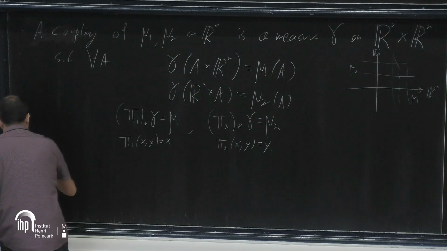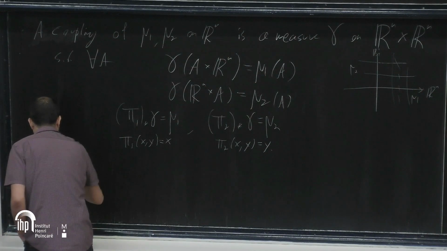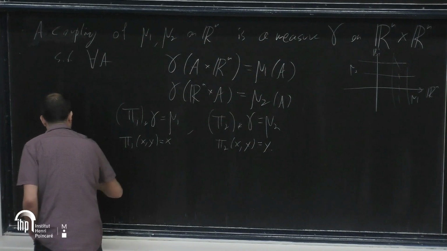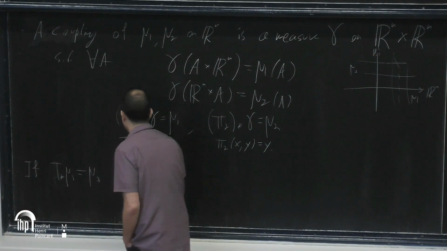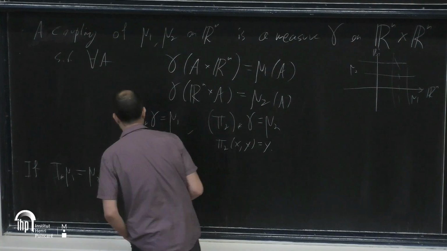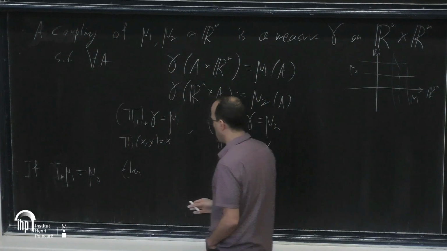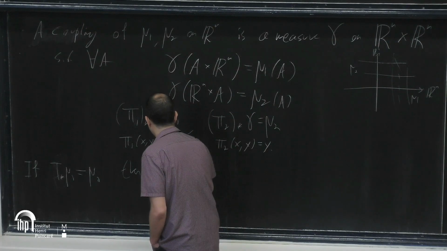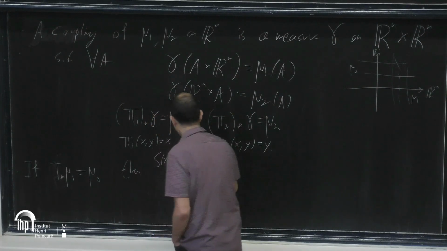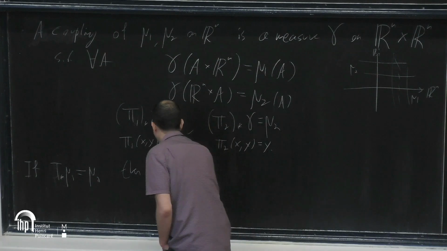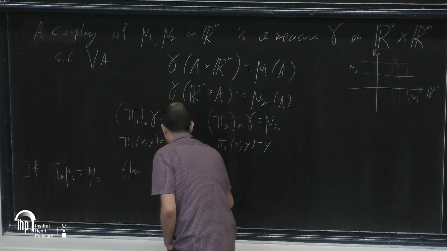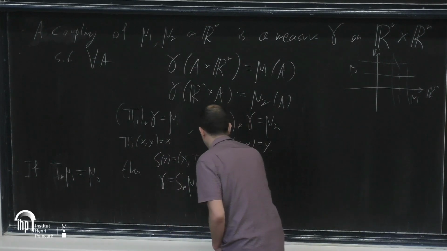So if T pushes forward mu1 to mu2, then we can construct a coupling. How would you construct a coupling? Let's define S of x to be the pair (x, T of x), and then gamma is the push forward of mu1 under S. So this is a coupling.